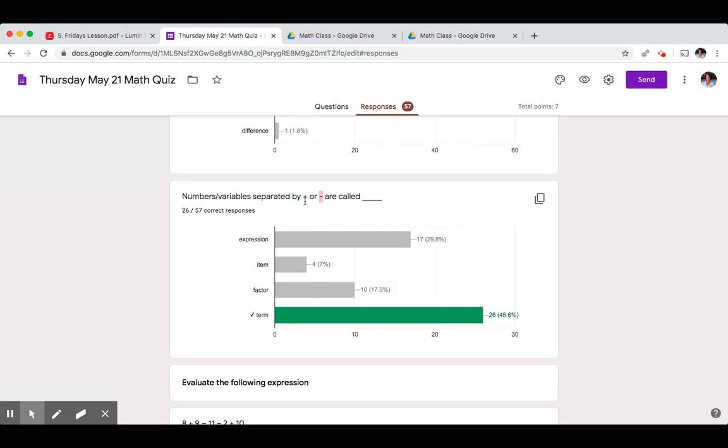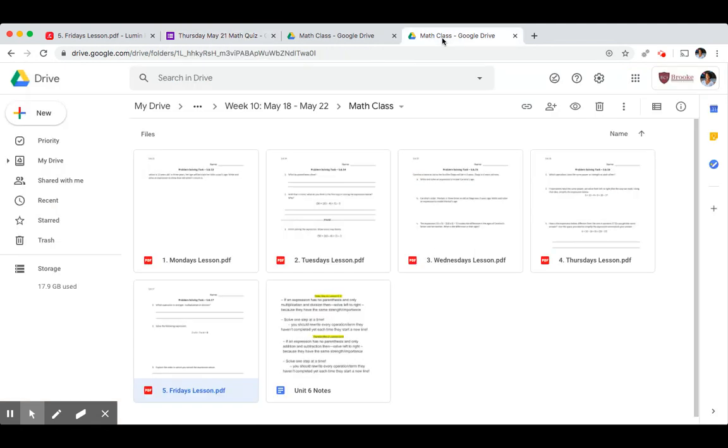So, in order to answer this question, if you did not remember, you needed to use the notes available to you. Remember that every single day, directly underneath the link to your math video, you have the link to the math notes. And it's also in the folder with your math assignments.